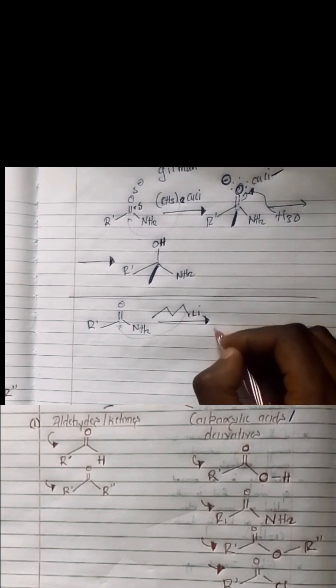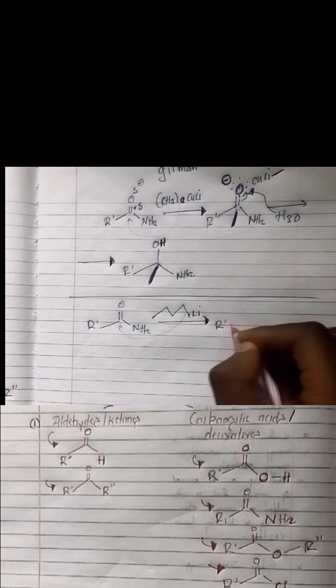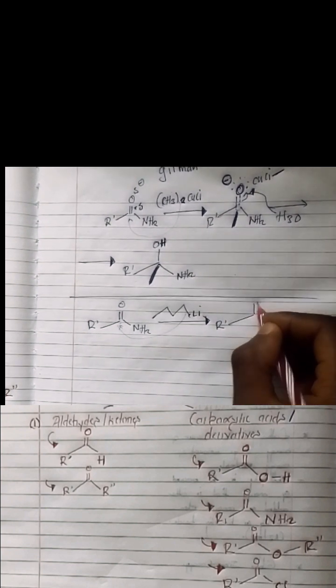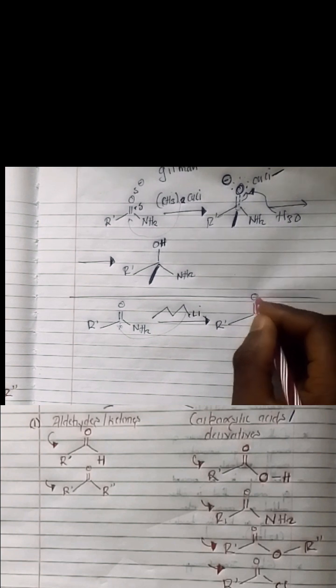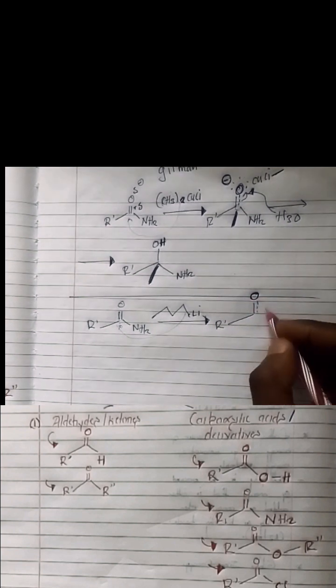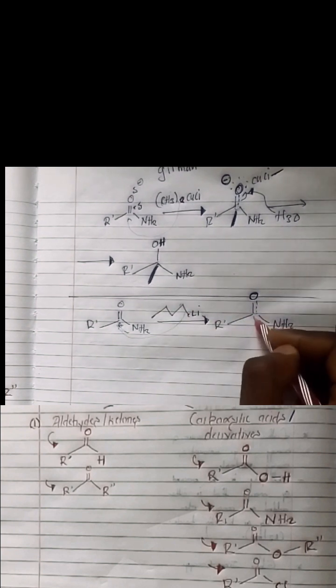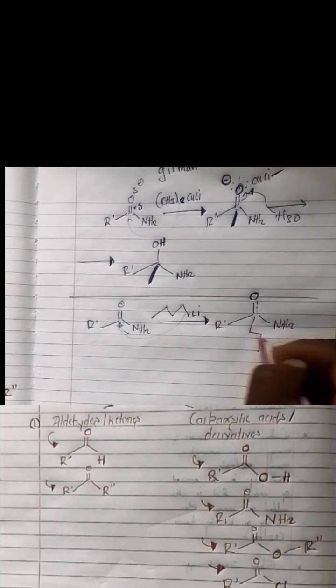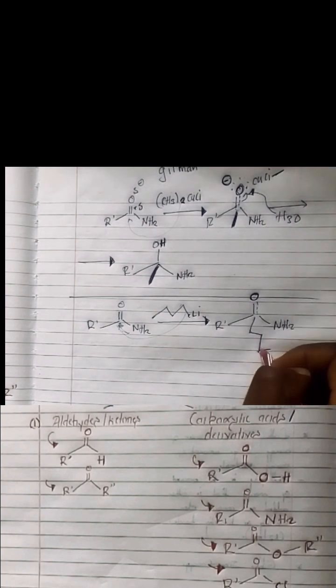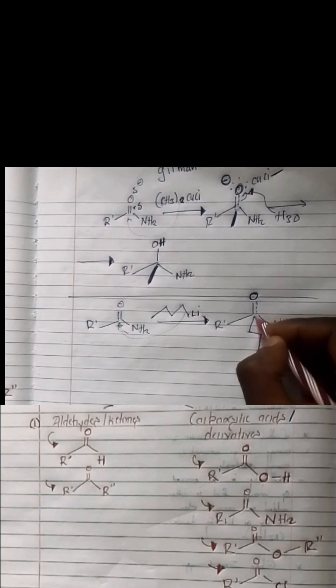At the end of the day, you will have a product that will look like this. Let me dash this. Your oxygen is there, there's your NH2, right? And because it attacked here, you see 1, 2, 3, 4, so this will join there.